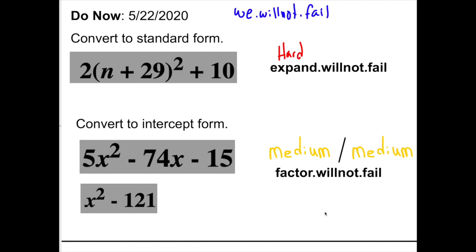I encourage you to watch the video of that if you have a video for your class and you haven't done so already. All right, so please take a moment, pause the video, expand the first, factor the second and the third, and then when you're ready, unpause, and you can see what I got.